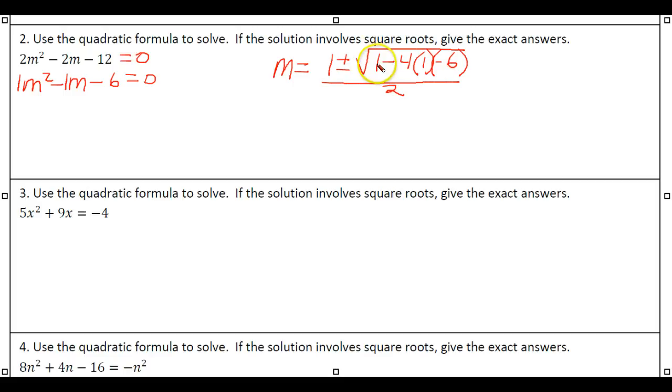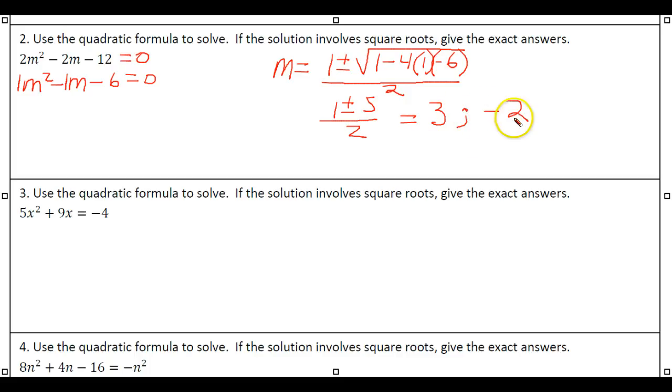The square root of 25 is 5, so this is going to be 1 plus or minus 5 over 2. So 1 plus 5 is 6. 6 divided by 2 is 3. And 1 minus 5 is a negative 4. Divided by 2 is a negative 2.